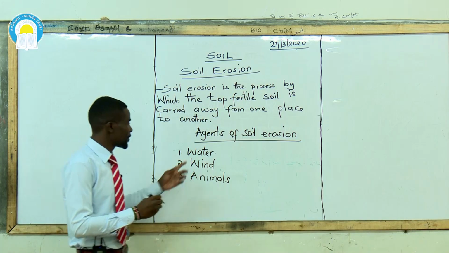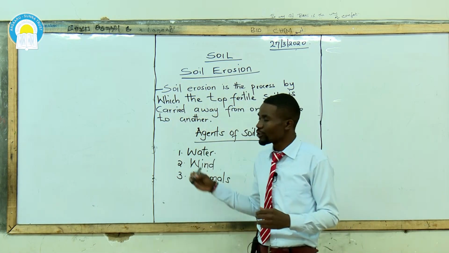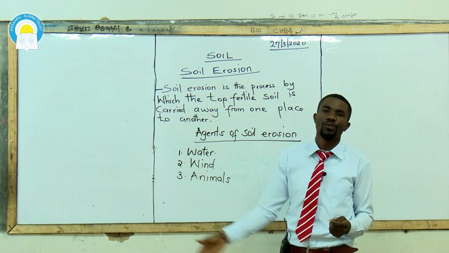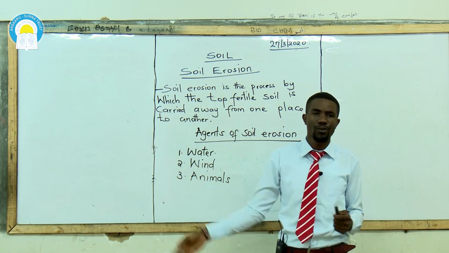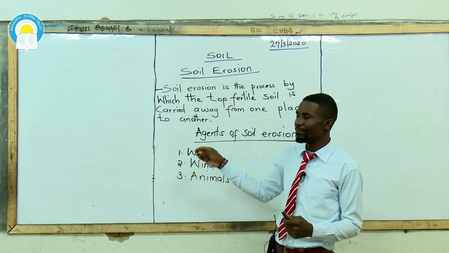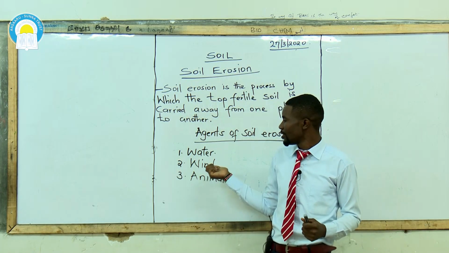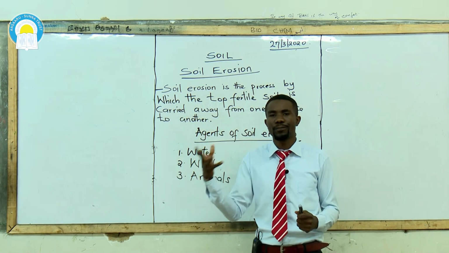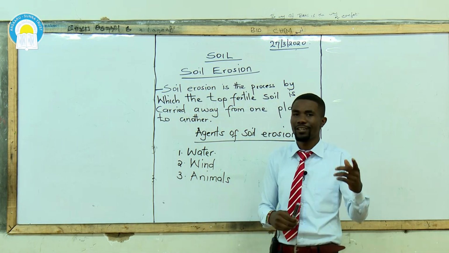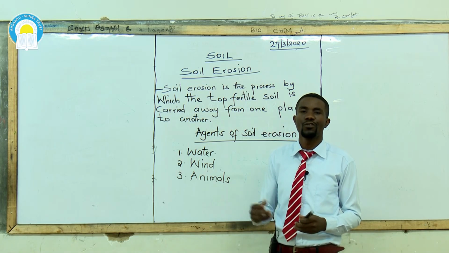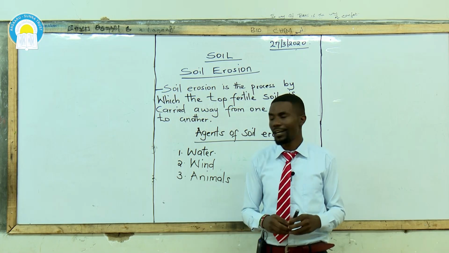When it rains, the water droplets can cause soil erosion, or even the moving water, the floods. When it is flowing, the soil can be carried from one point to another. When we look at wind, during a windy day, the top fertile soil can be carried from one point to another, majorly on bare grounds, like in the desert regions where there is no vegetation cover.